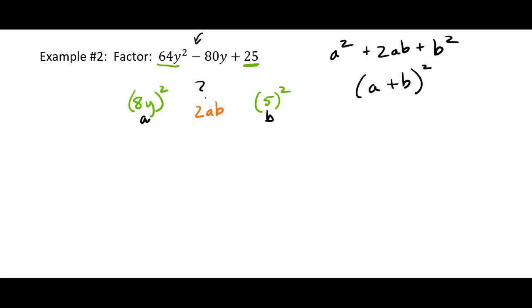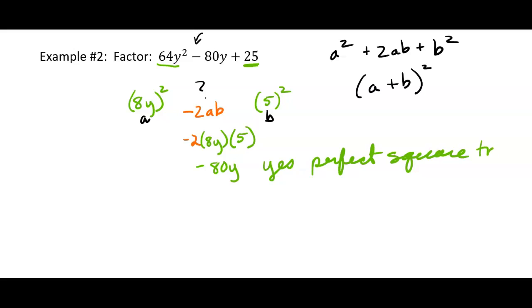And it is negative, so let's put a negative in there. That's going to matter in our final answer. So we have negative 2 times 8y times 5. If that's negative 80y, then it's a perfect square trinomial. And it is. It's negative 80y. So yes, perfect square trinomial.